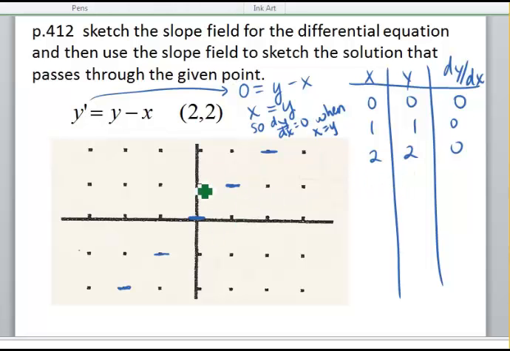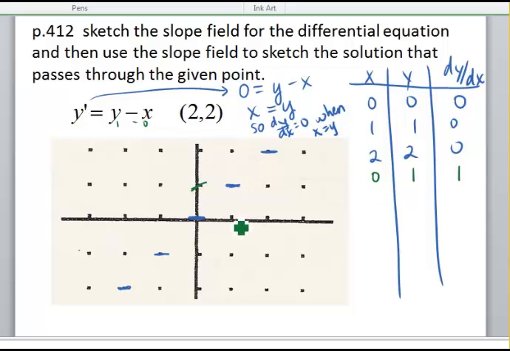So I might just pick a point here. I'll pick 0, 1. When x is 0 and y is 1, what happens? Well, I put 1 minus 0 in here, and I get the slope of the tangent line of the curve is 1. So at 0, 1, the slope is 1. Let's try this diagonal thing again.